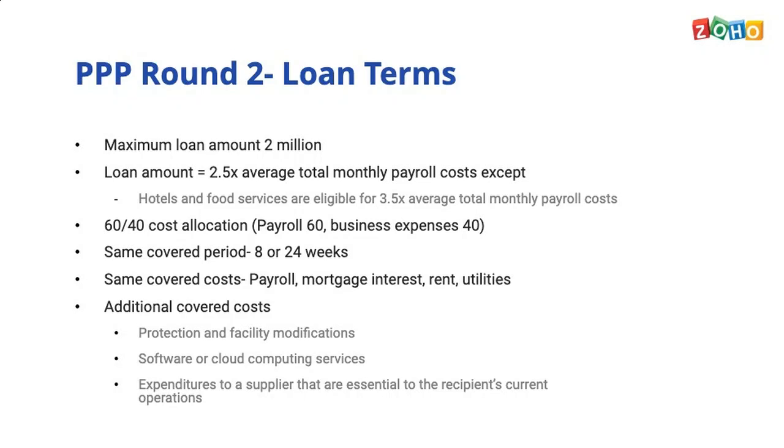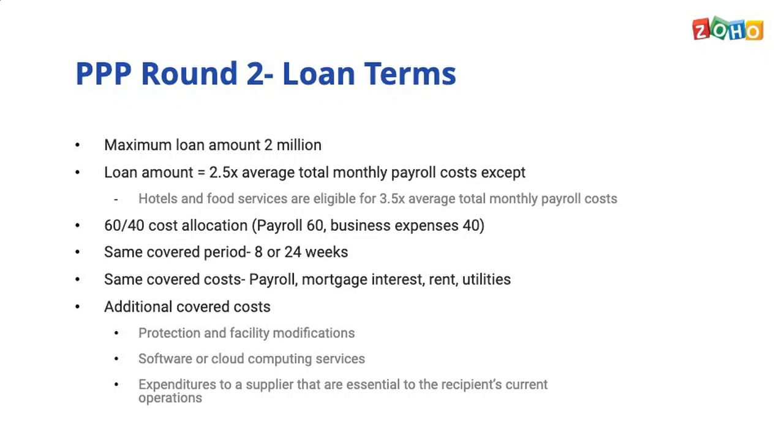So the additional covered costs include protection and facility modification. So basically anywhere you go nowadays, they have that plastic shield, or employees might be wearing a Trader Joe's face mask or something. Those are all included as covered costs.